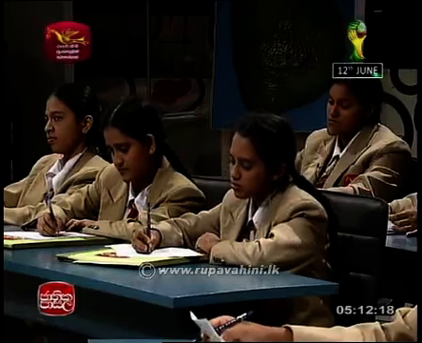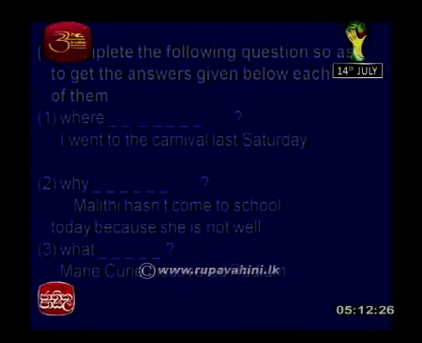Let's see the third question. Question word is what. Marie Curie discovered radium. Then there is a clue, and what? Then how are you going to form the question? What? Why did you use did? Because you have to check with the verb. The verb is in past tense.